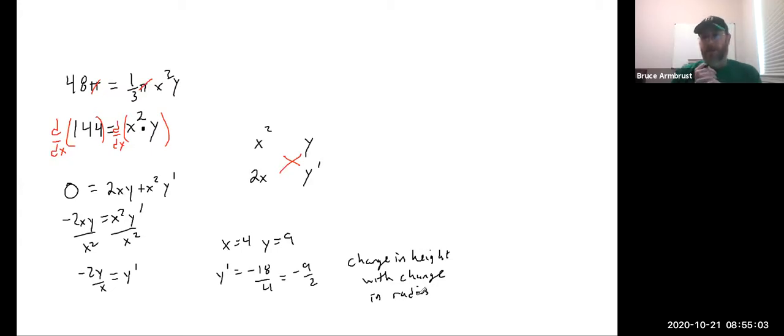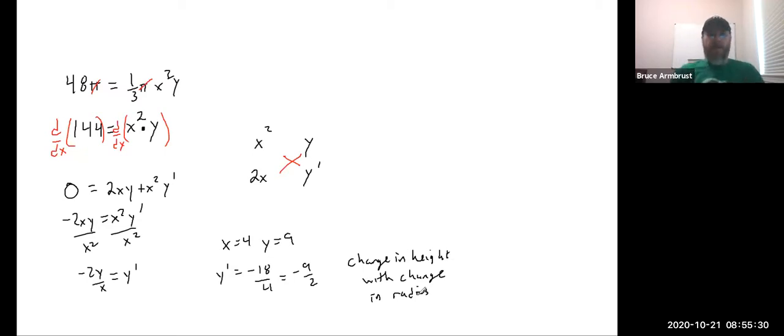So every centimeter it increases in radius, the height decreases 4.5 centimeters. But remember, that's an instantaneous change. So if we were to increase the radius by a whole centimeter, we'd see a different change in the height. But instantaneously at this moment, that's what we've got.